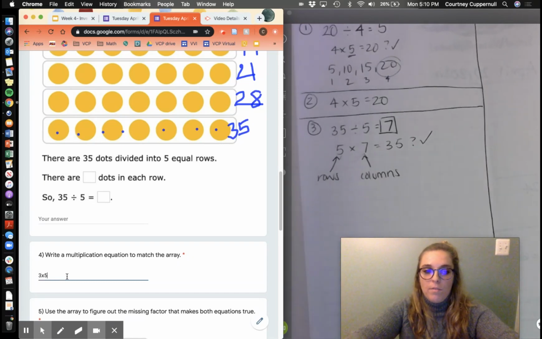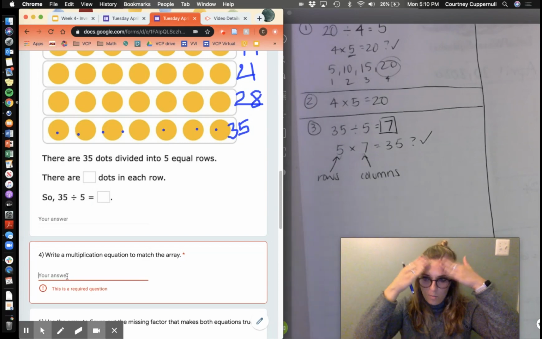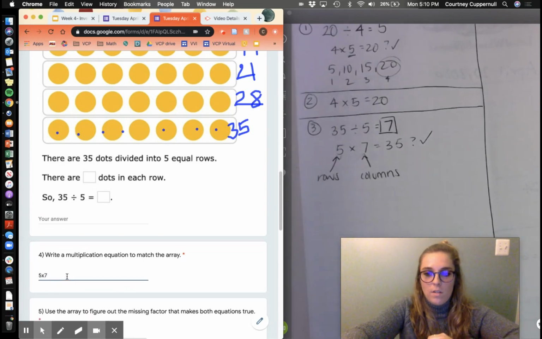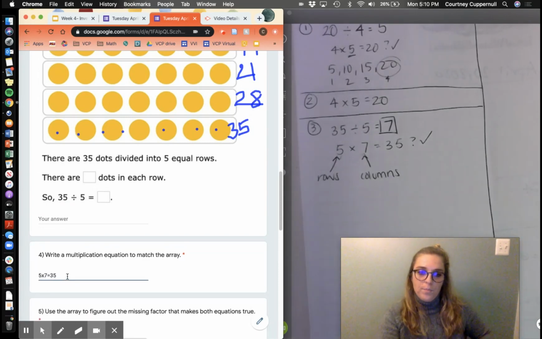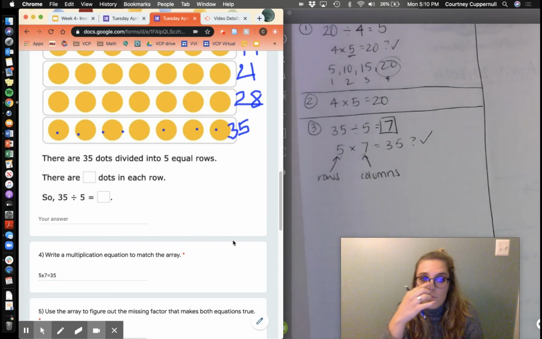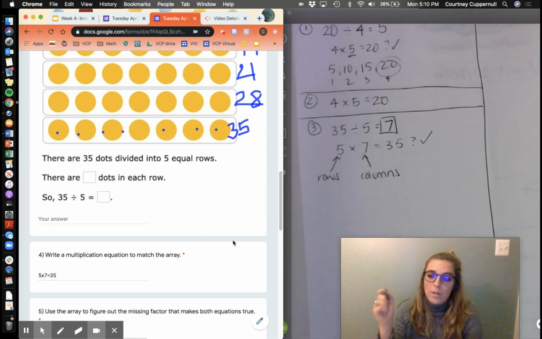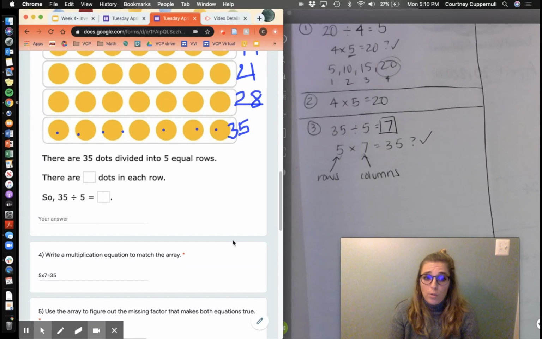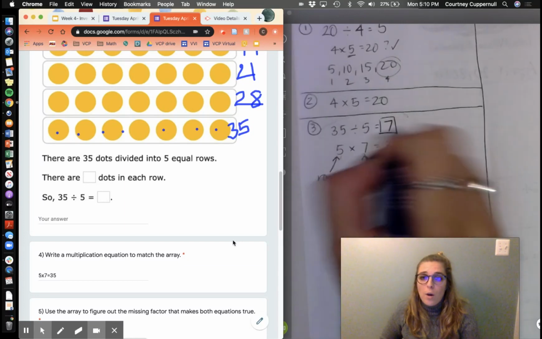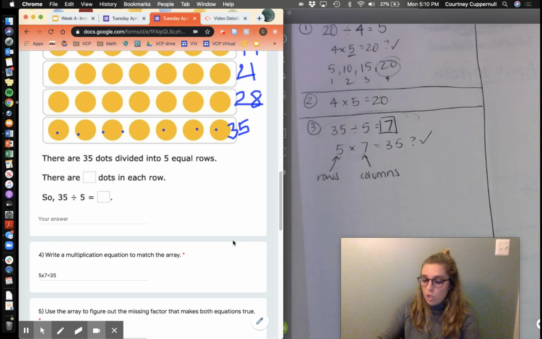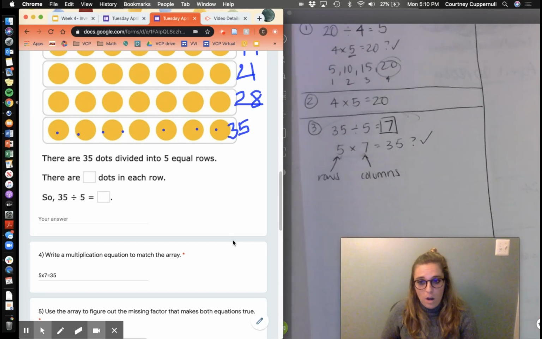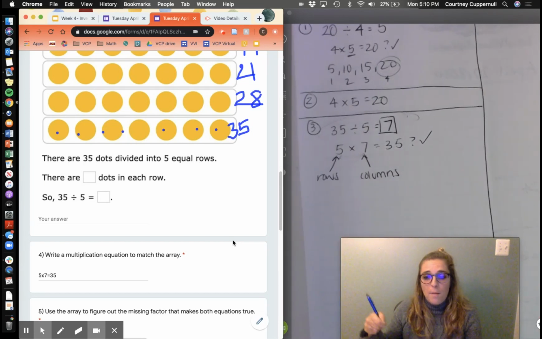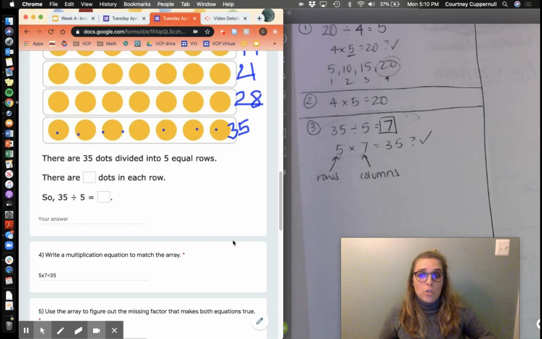So I would write 5 times 7 equals 35. So again, what we've done with these 2 problems is we looked at how we can use arrays to not only write and solve division equations, which is what we did here, but also how we can use our multiplication equation, our knowledge of rows and columns, our knowledge of groups and amounts in each group to correctly solve these.